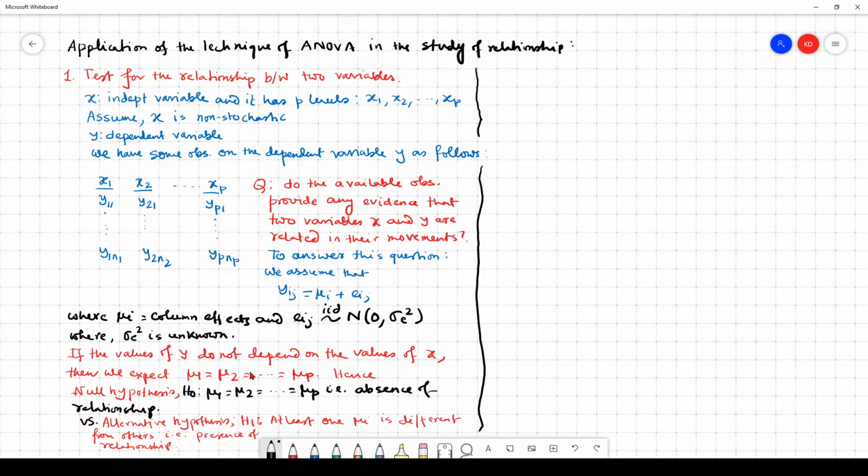So for testing this, we use one-way ANOVA.